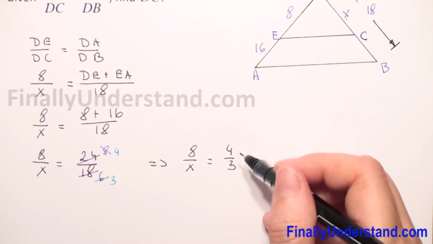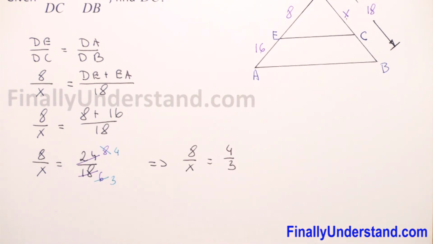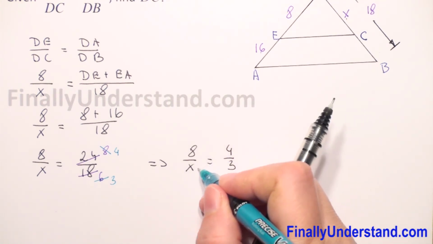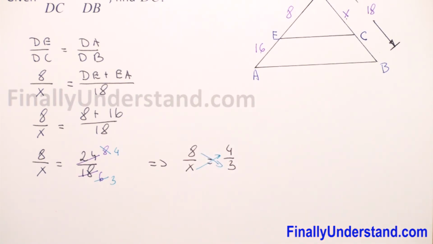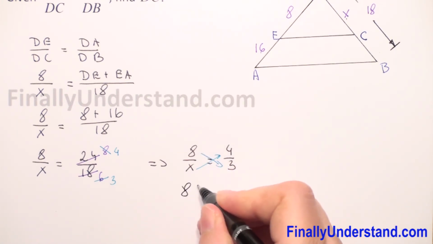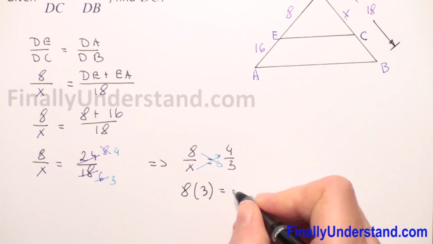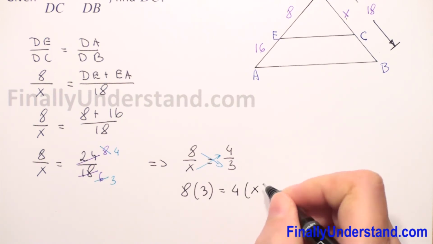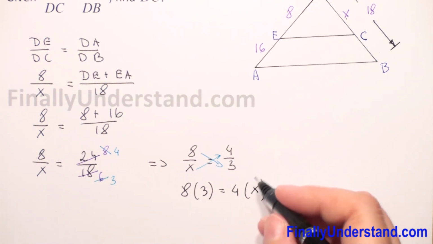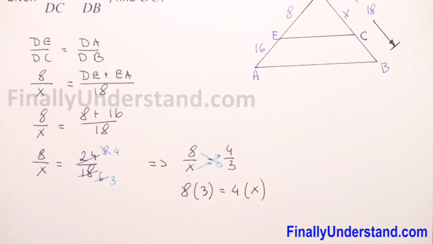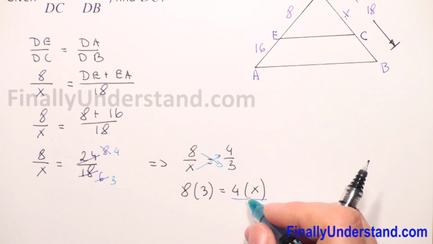So now we can cross multiply: x times 4, 8 times 3. So we have 8 times 3 is equal to 4 times x. Now I will divide both sides by 4, because we have multiplication, so we can do this.